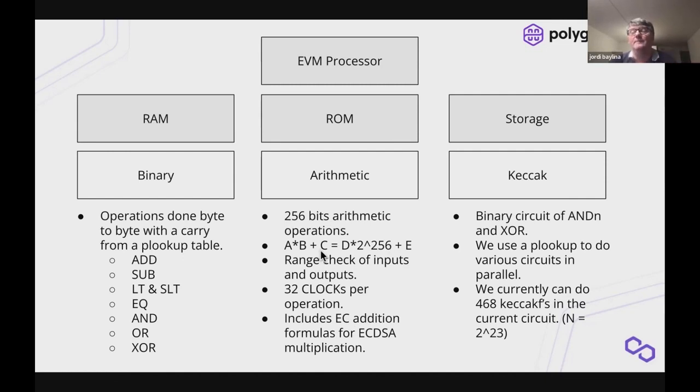The arithmetic state machine, I already explained a little bit how it works, but the idea is that you can do 256-bit operations. We have one operation every 32 clocks, doing the specific 256-bit operation. And in this state machine, it's not only doing these basic 256-bit operations, it's also doing some ECDSA addition and doubling operations.